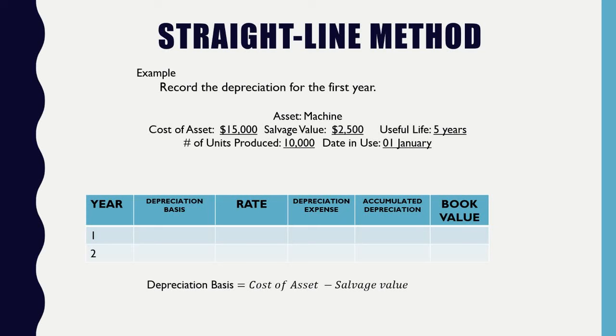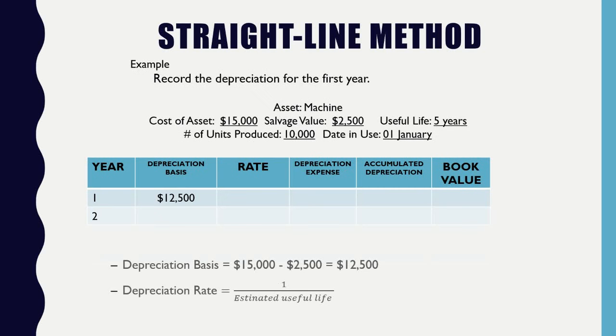First one is my depreciation basis. So what is my depreciation basis for this example? 12,500. Correct. The asset cost is 15,000 minus the salvage of 2,500, and you should get 12,500. What's going to be my depreciation rate? 1 divided by 5, which is 20%.